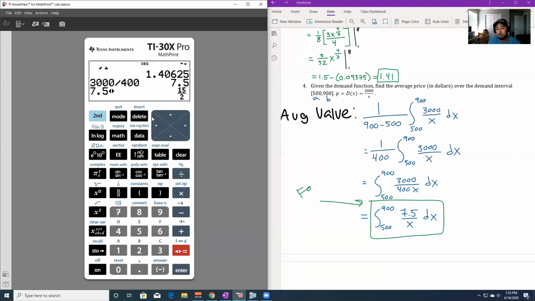Well, you're now ready for the antiderivative. And remember, since this is 7.5 over x, this is going to copy that one formula: the integral of 1 over x dx becomes the natural log of the absolute value of x. So that's what we're going to use for this one.